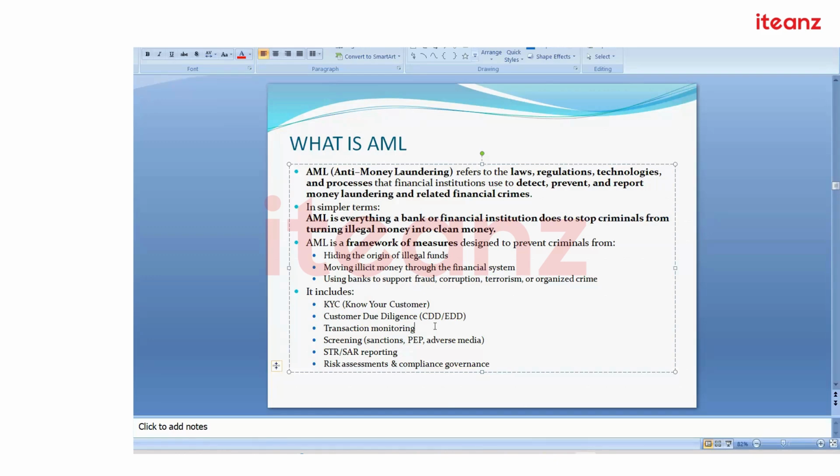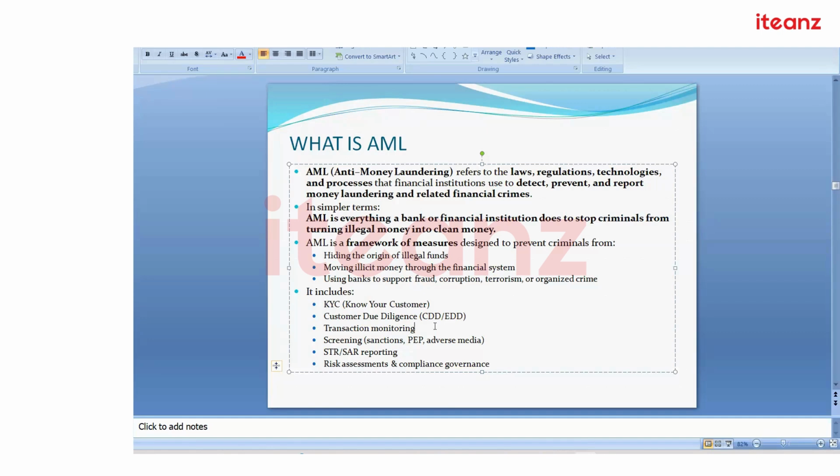Okay, CDD. So what is EDD? It is enhanced due diligence. When you say enhanced due diligence, it means a PEP person, or some persons where you are thinking this person may be something wrong, that this is some kind of person who can be a trouble.